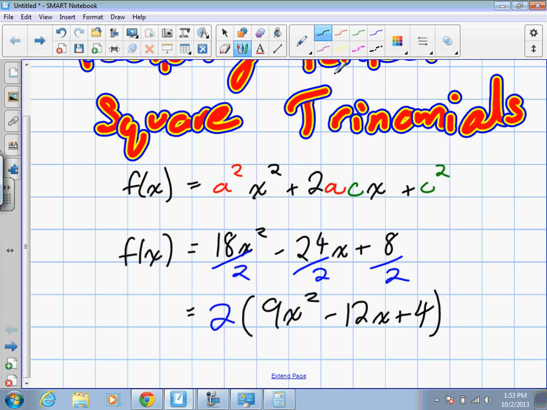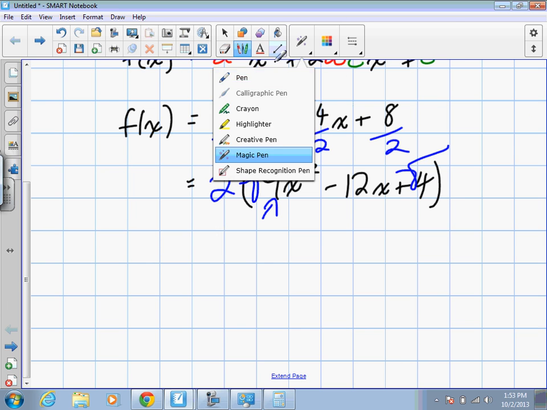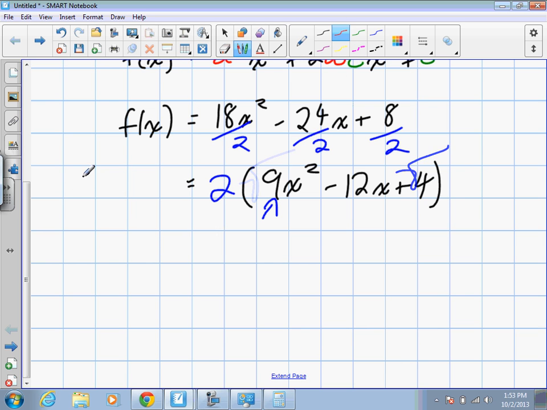Okay. Now, to be a perfect square trinomial, like we said, we need to be able to find the root of the first and last term. Is there a square root of 9? Yes. So let's do this kind of on the side here. 9, if we square root, is 3. What about 4? 2. That's right. We can square root 4 to get 2. Now, these two numbers are important.